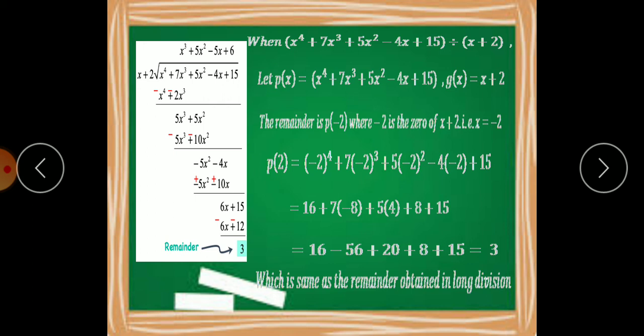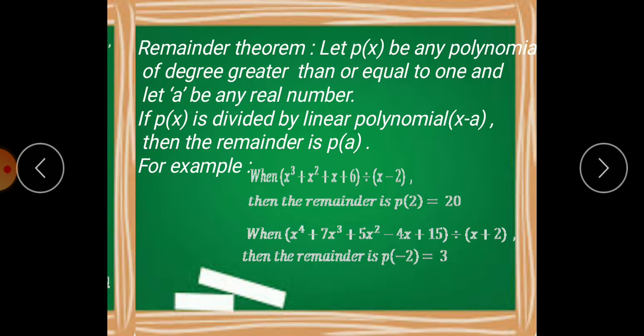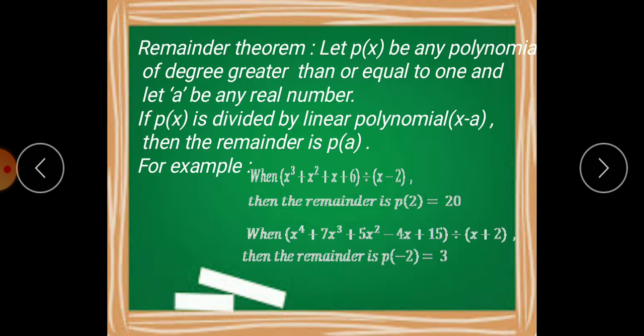So, let us learn what this process is named as. This process of finding the remainder by substituting the 0 of the divisor in the dividend is called the remainder theorem. So, let us see.